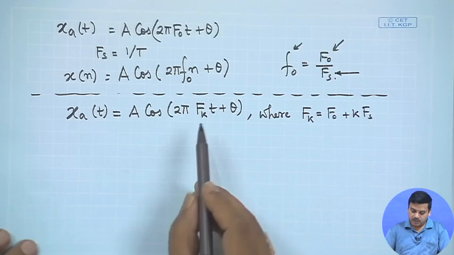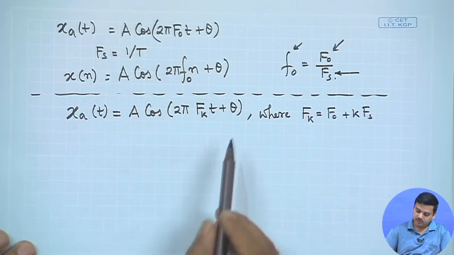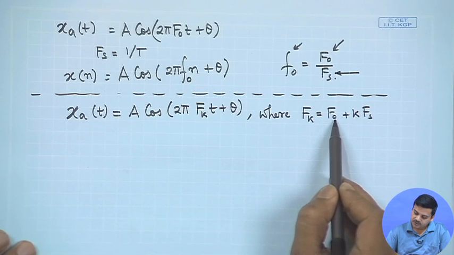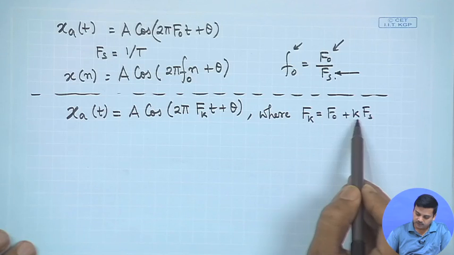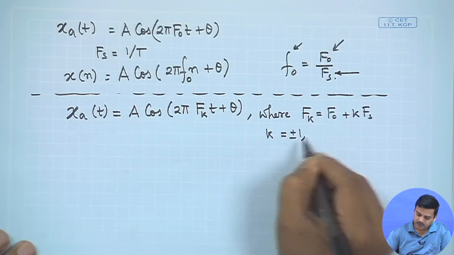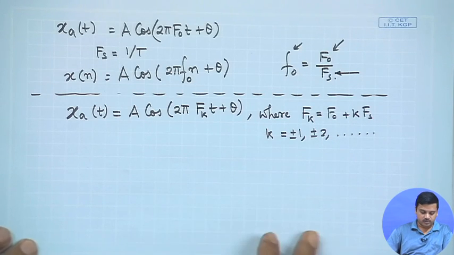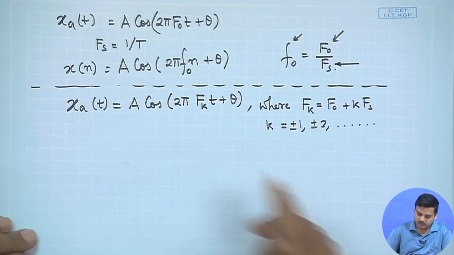Now, suppose I take this particular signal instead of taking F 0. So, F k is F 0 plus an integer multiple of F s. Of course, I should mention that k is equal to plus minus 1, plus minus 2, and so on and so forth. So, what would happen as a consequence of this?